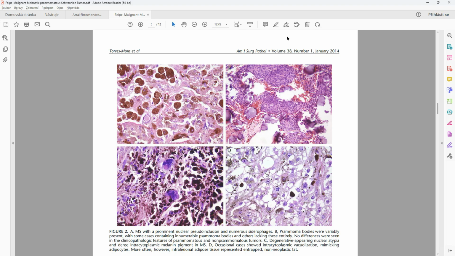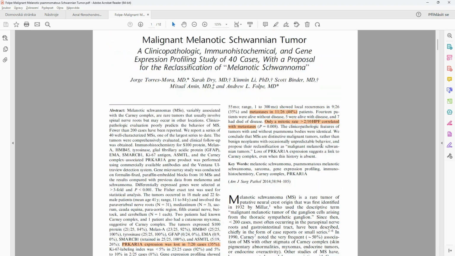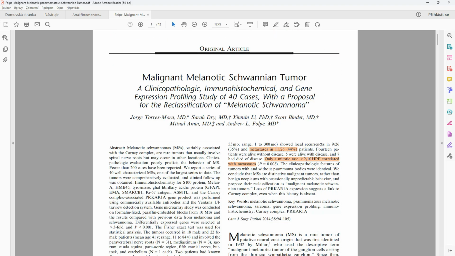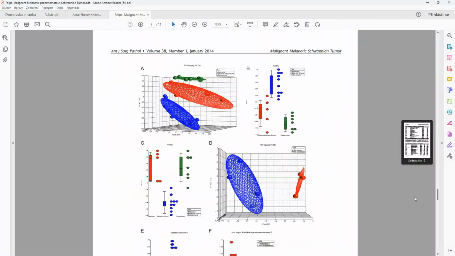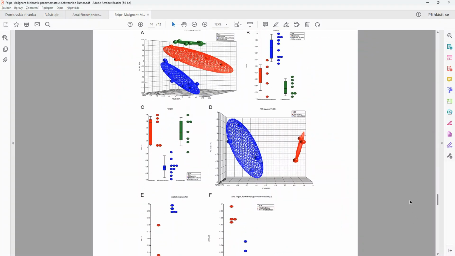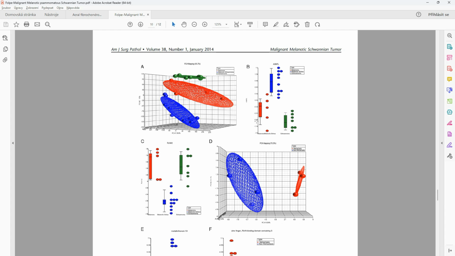Regarding the terminology, the term melanotic schwannoma has been abandoned, and now the WHO calls these tumors malignant melanotic nerve sheath tumor. So not even this name was used, but now it's malignant melanotic nerve sheath tumor, and it's considered high-grade malignancy. Last picture I want to show here is a gene expression profiling.